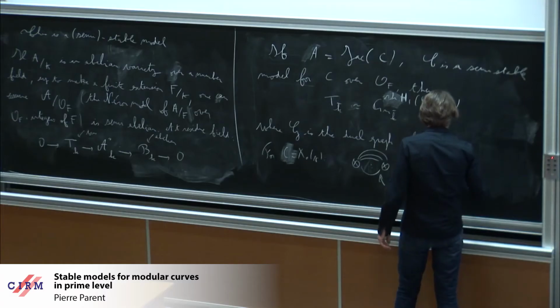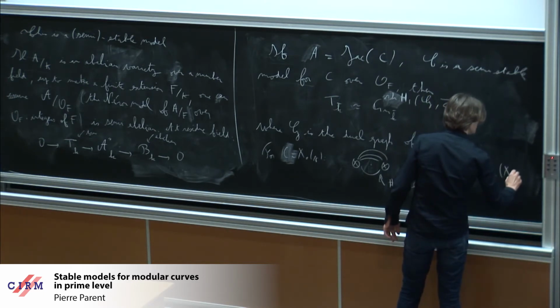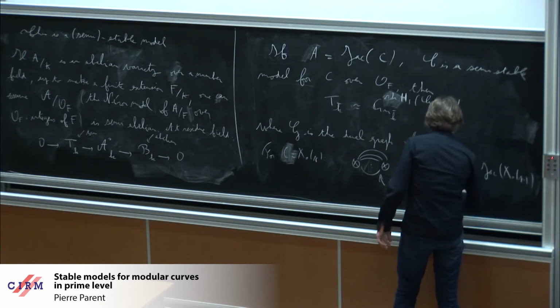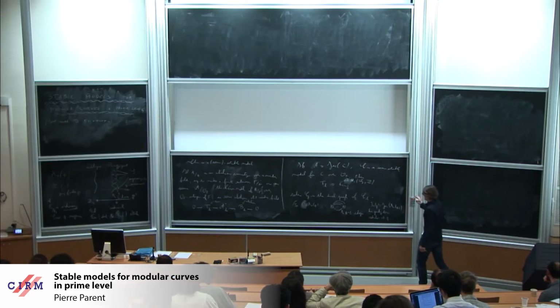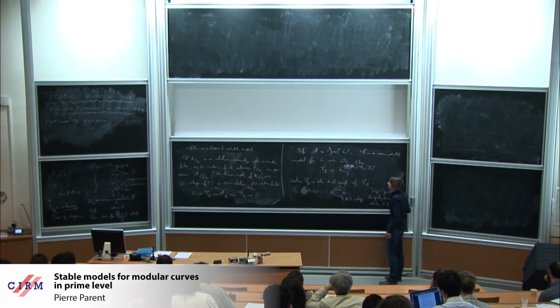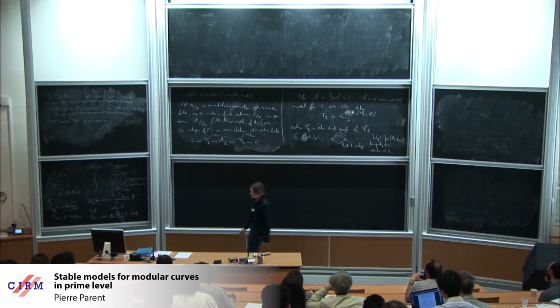So the Jacobian J naught of P, which is by definition the Jacobian of X naught of P, has purely toric reduction at P. And is an abelian variety elsewhere. Okay, so we understand quite precisely what happens for X naught of P.